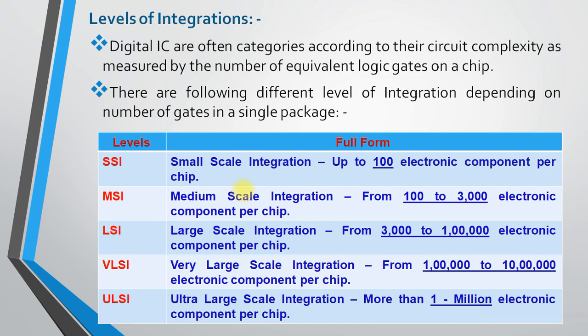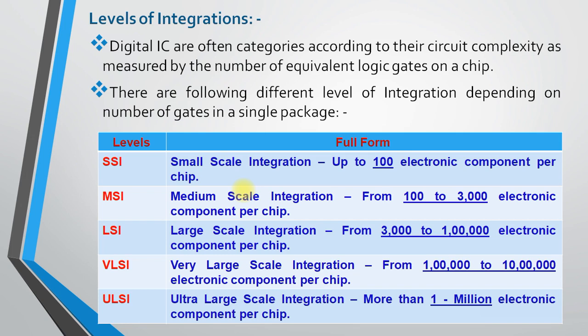It gives you the range between 3000 to 1 lakh, and the full form is large scale integration. If you want to attach electronic components more than 1 lakh, at that time you can use VLSI. VLSI stands for very large scale integration. The range of VLSI is between 1 lakh to 10 lakh.